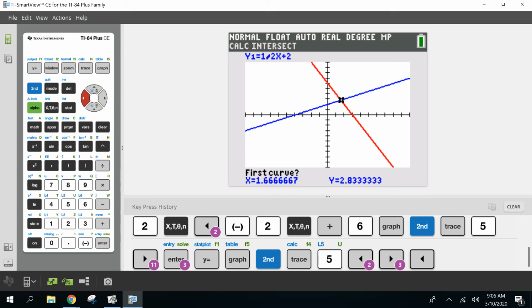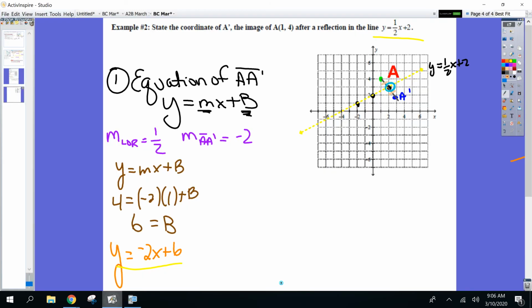It'll say at the bottom, first curve. You hit enter. It'll say second curve. I don't have to move it because it's already on the second one as well. And then the third choice is guess. I just click enter for the third time, and there's the point of intersection. 1.6, 2.8.